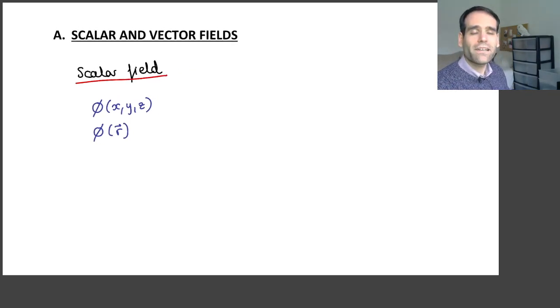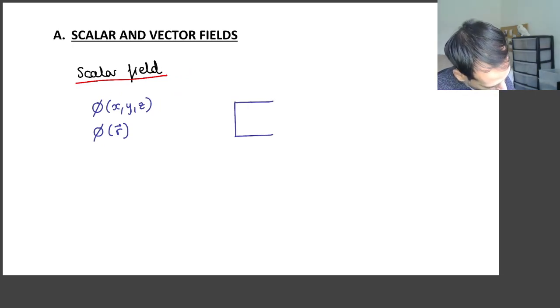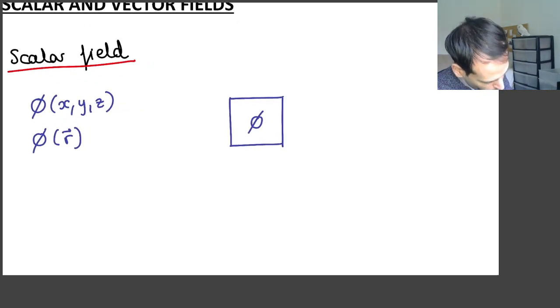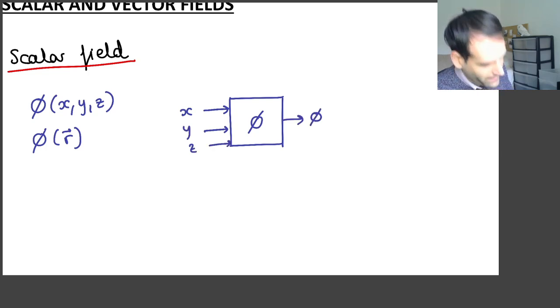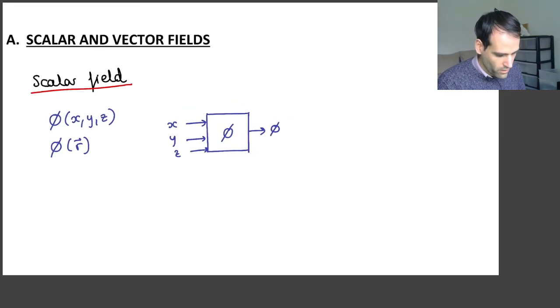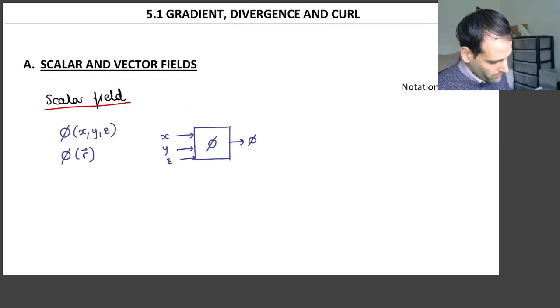You can think about it as a function because it's a black box, which is our function phi, which has three inputs, which is the position, x, y, and z, and it has one single scalar output, which is phi. Okay? For example, one example of a scalar field would be the temperature of each point in a room.